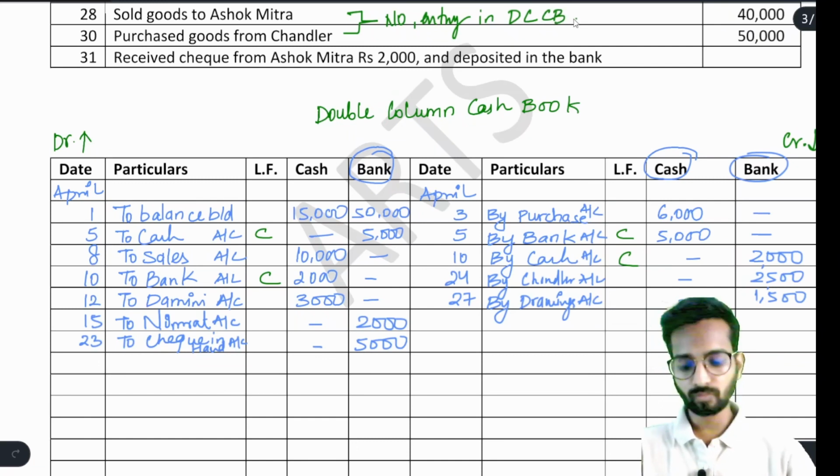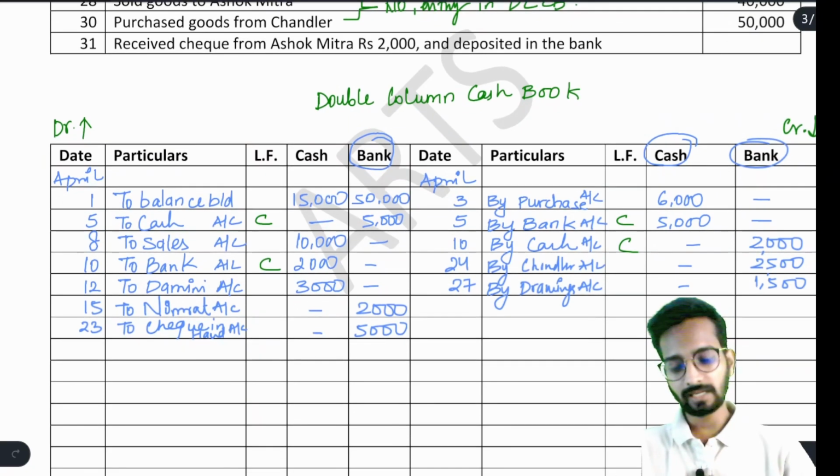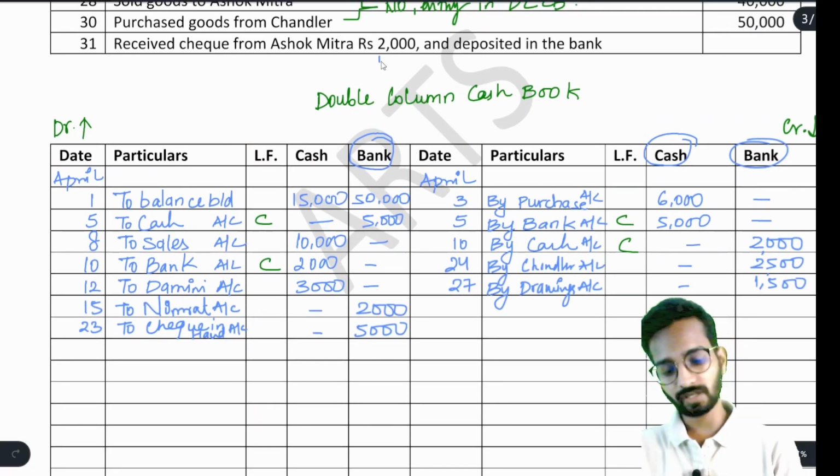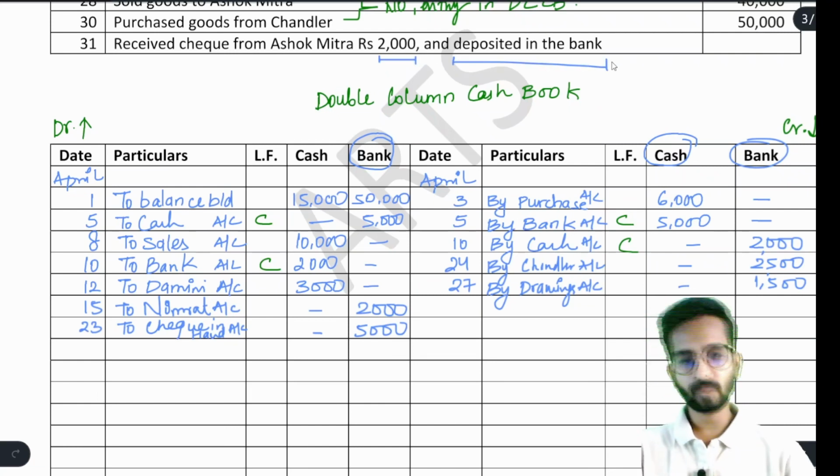Now, moving to 31st April, the last transaction we have for the day. Received check from Ashok Mitra rupees 2,000, and it was deposited in the bank. Very simple. We received the check and we deposited into the bank. So my bank balance will increase by how much? 2,000. Very good.